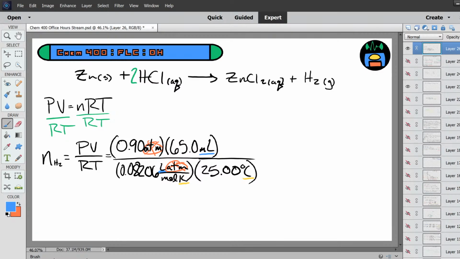And I found that if I just plugged my units in every time, that would stop me from making that mistake, because I'd get to this point and I'd be like, oh, wait, I can't cancel liters and milliliters. I need to convert that. I can't cancel Kelvin and Celsius. I need to convert that. So it's just a stopgap to prevent me from losing points needlessly.